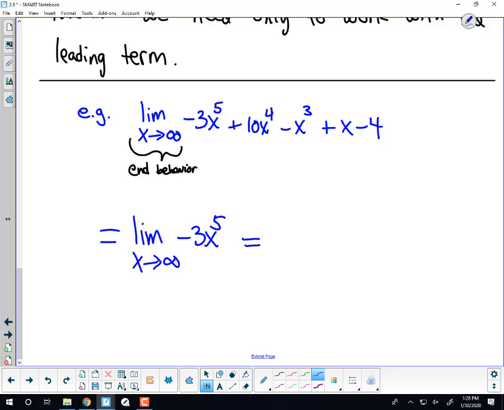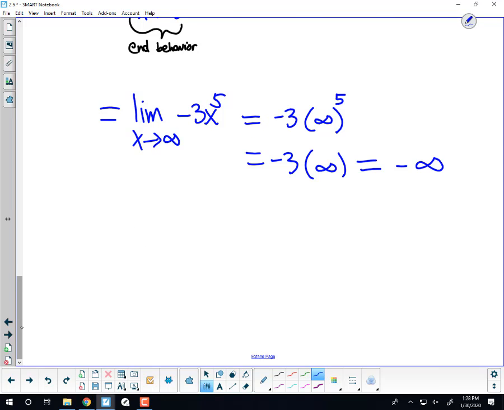So we've got a negative 3 times an arbitrarily large number to the fifth power, which is of course negative 3 times an arbitrarily large number. So negative times a large number is a negative large number. Okay, so we'll remember this one here.